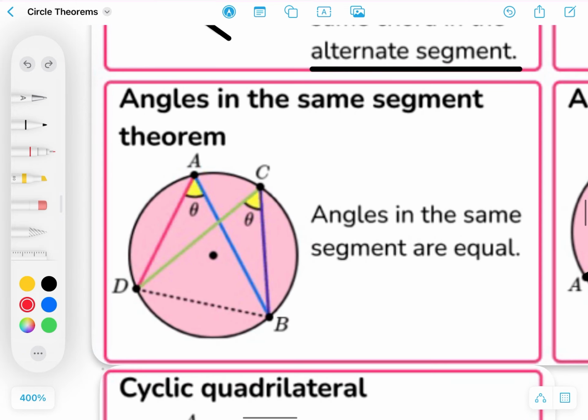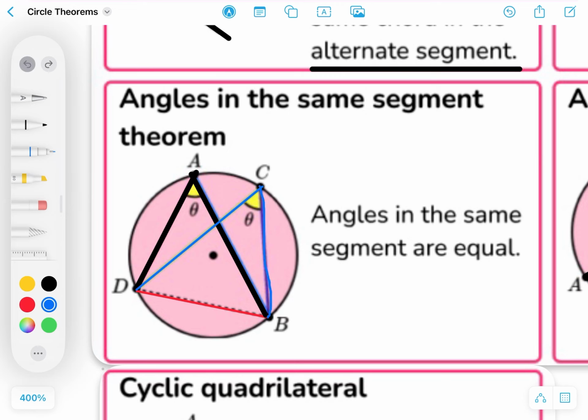So now the next one is angles in the same segment theorem. What is meant by the same segment is that we have a fixed chord, let's say DB, but we have 2 different pairs of lines intersecting, touching the circumference of the circle.